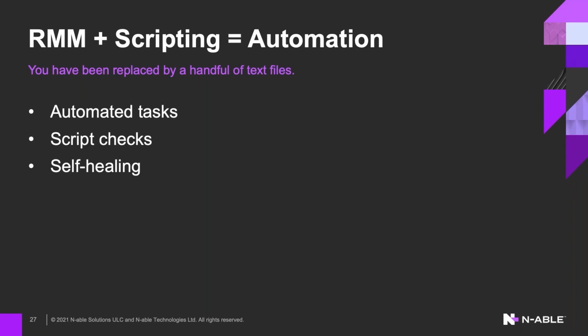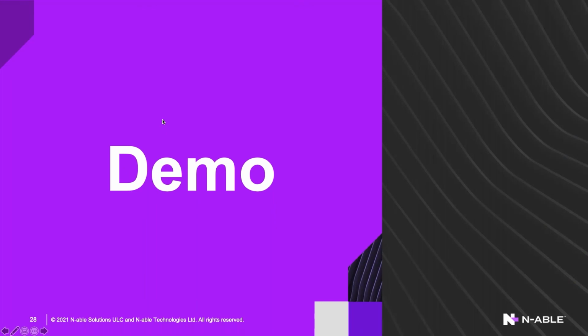So with the RMM, the agent itself quietly sitting in the background, just chugging away, it can run your scripts for you on a schedule or as an automated task when something happens, or you can use a script to check on the machine status and give you an alert if it fails. Better yet, if the failed check could trigger another task that fixes the error that happened in the first one, well, then the machine fixes itself and you get to take all the credit. So let's take a look at that.